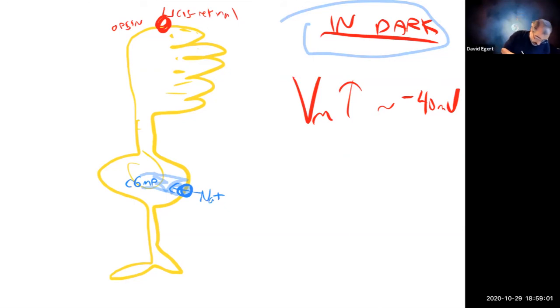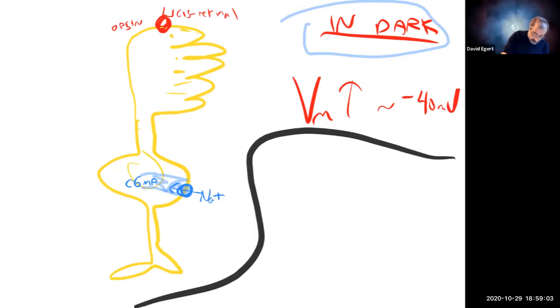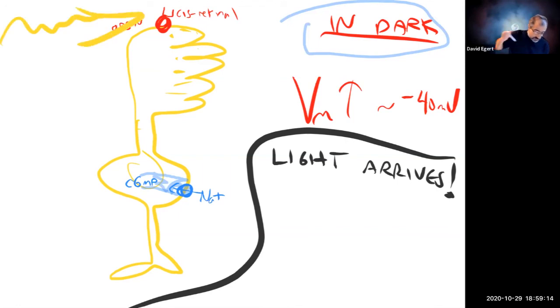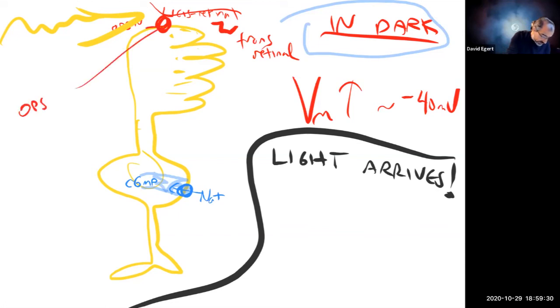And now light arrives. So when the light comes in, all of a sudden the cis retinal turns to trans retinal and detaches. All of a sudden my little opsin is activated, and it's going to trigger this G protein we're calling transducin.